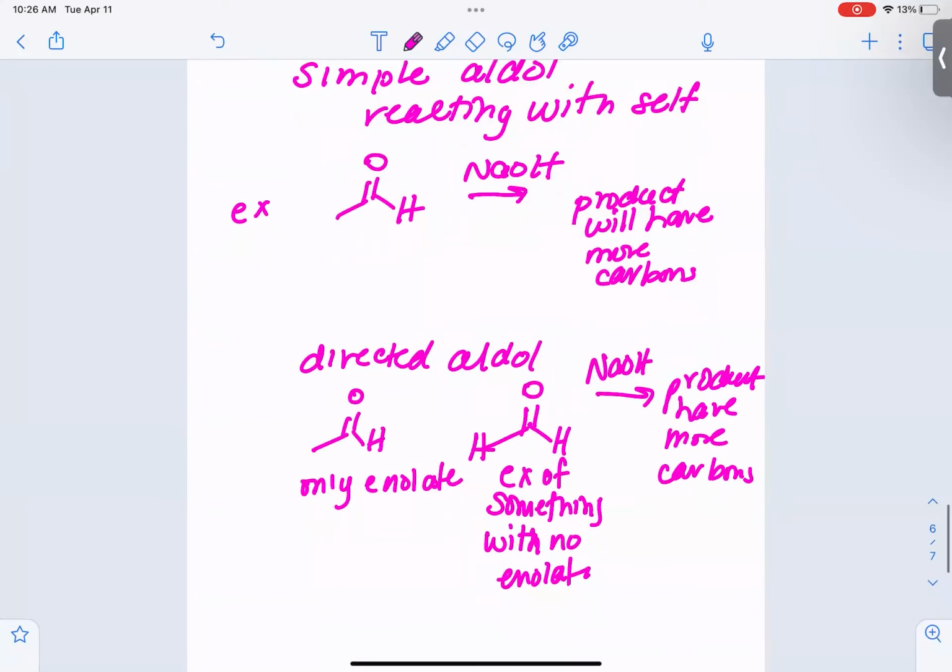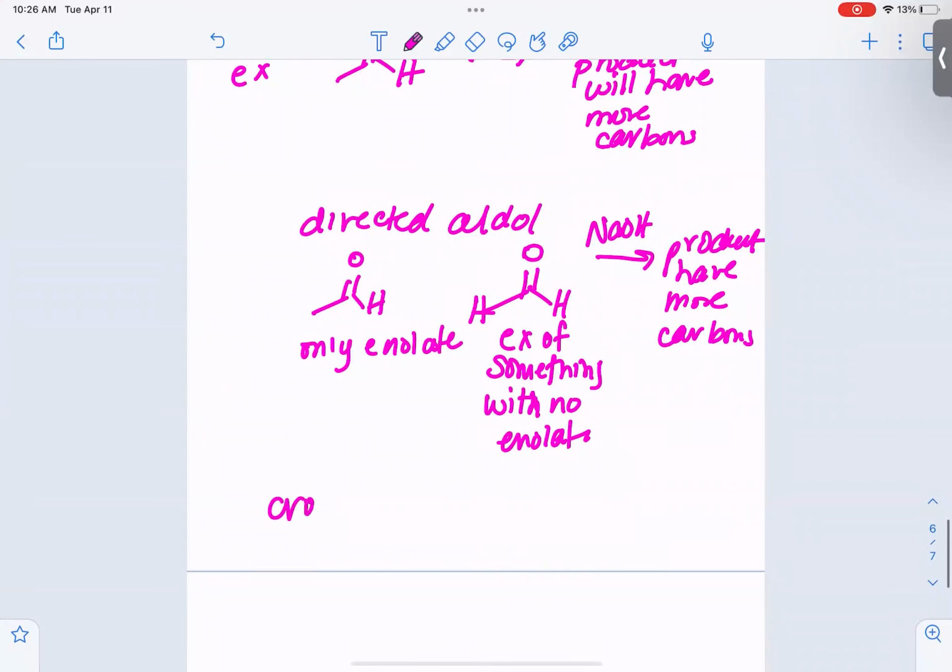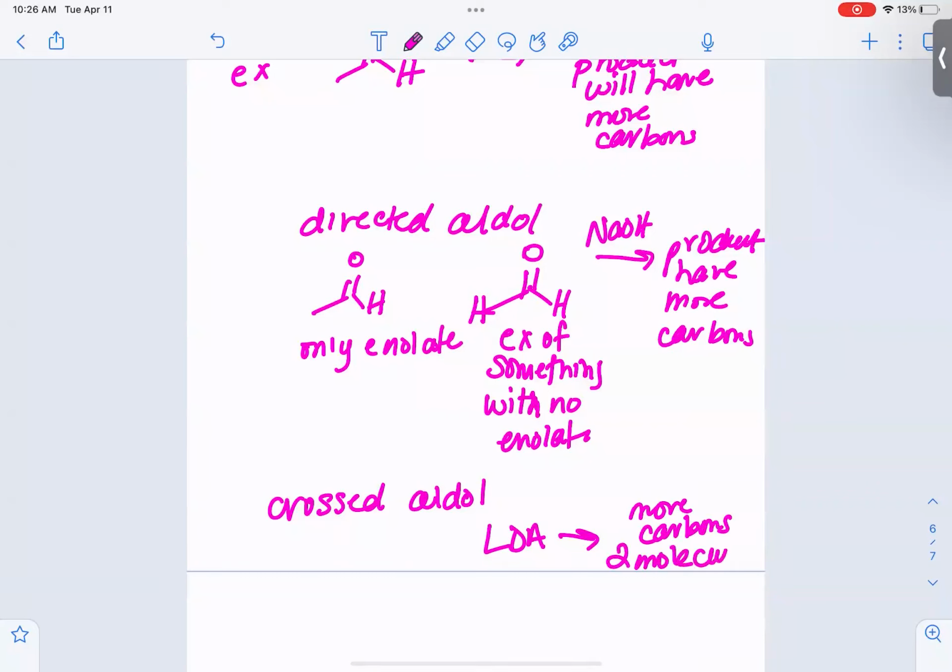Then we had our crossed aldol, and that's where you used LDA. And again, your product, well, it depends. If there's more carbons, it was two molecules reacting.